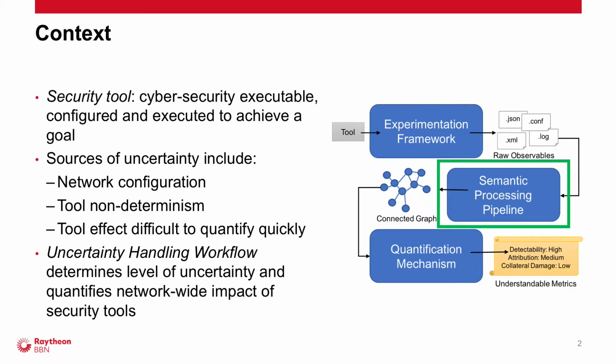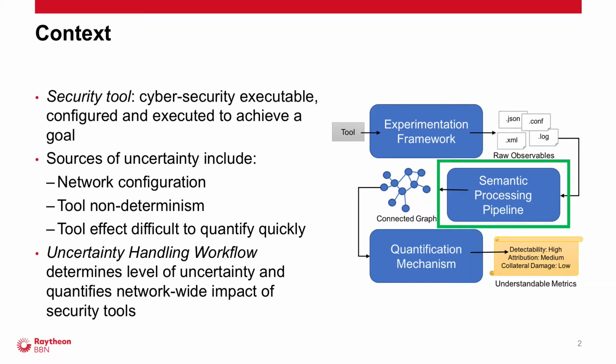After you execute this experiment, you're going to get some output files coming out of there. These are the raw observables in the figure. These are either log files or configuration files or both. Those we input into the semantic processing pipeline, which then transforms these into RDF, looks for connections and correlations across the data, and then produces a connected RDF graph as output.